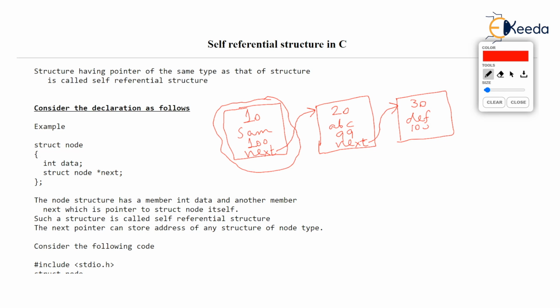Well, suppose this is the last student in the list. Then this next, which is a pointer to the next node, cannot store anybody's address. In such a case, we make this next equal to null. From the earlier videos, we know null means empty as far as pointers are concerned.